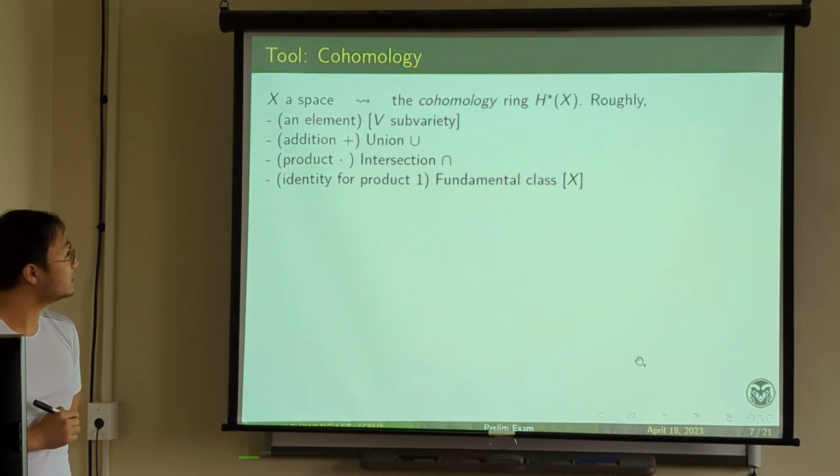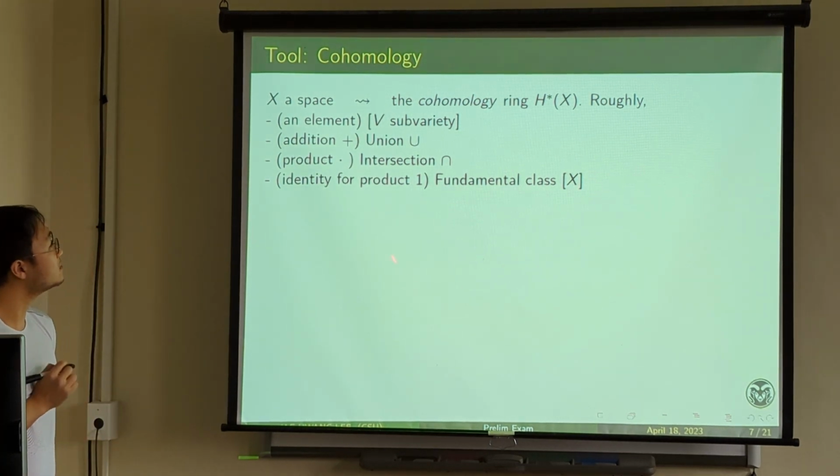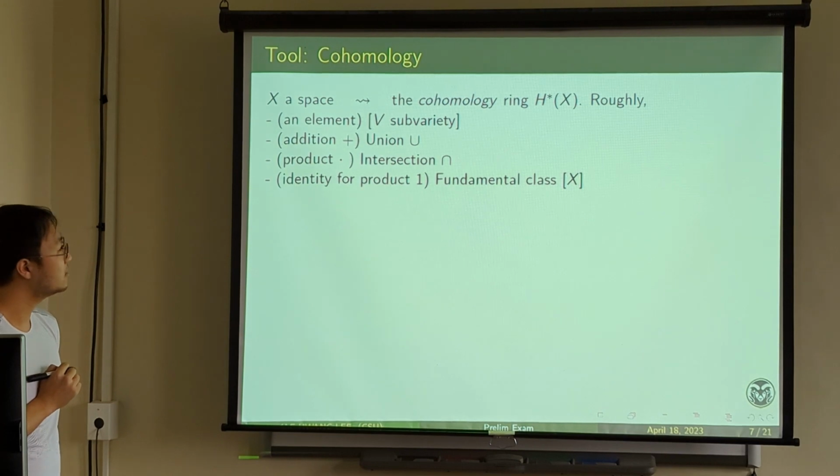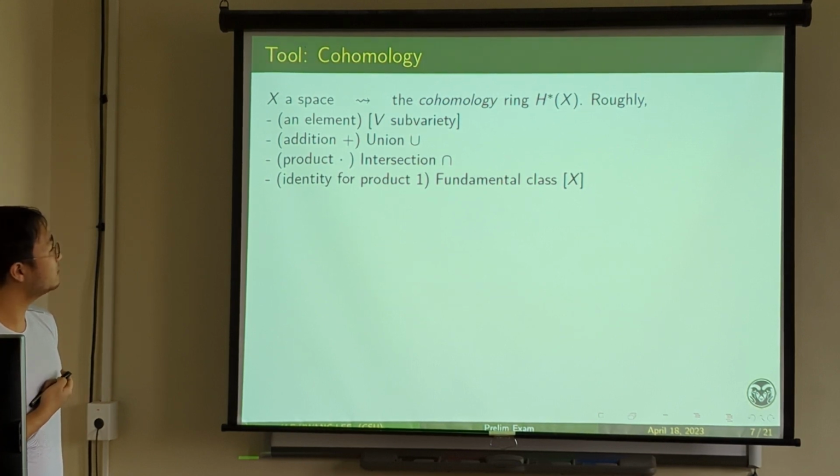Now I'm going to introduce tools to study enumerative geometry. The first thing is cohomology. For a space X, we have an algebraic object called the cohomology ring. Roughly, an element of the cohomology ring is a subvariety with some equivalence relation.